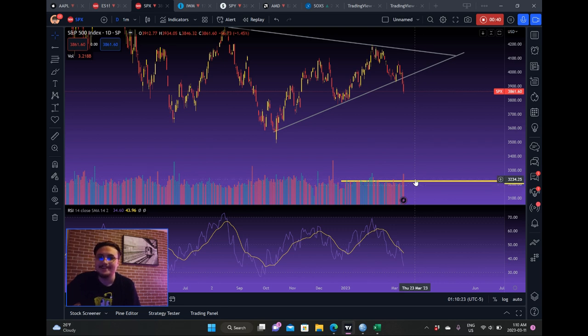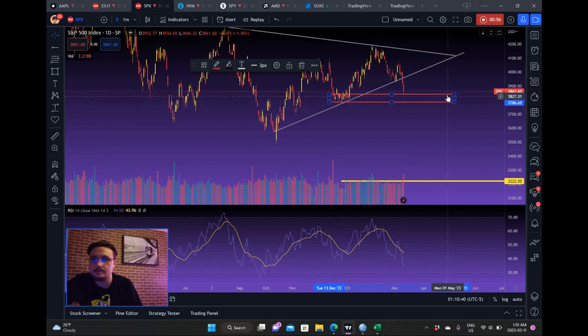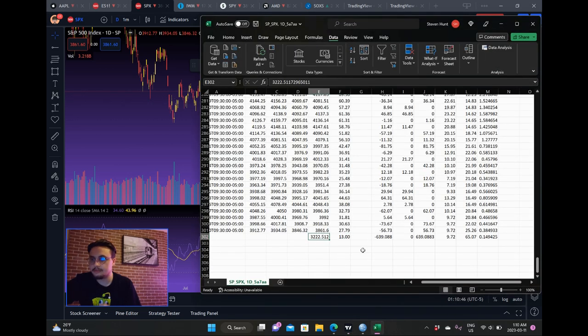We're not going to go there. But it's just interesting that you can do this, right? So you can plot realistic expectations. Say you think we could come back down to this area of cluster support right here. All right. So the average is about 3,820. So we come back to here, we put 3,820. Well, that's an RSI of 30.